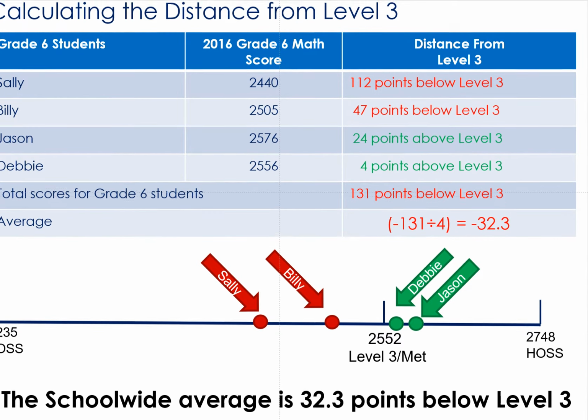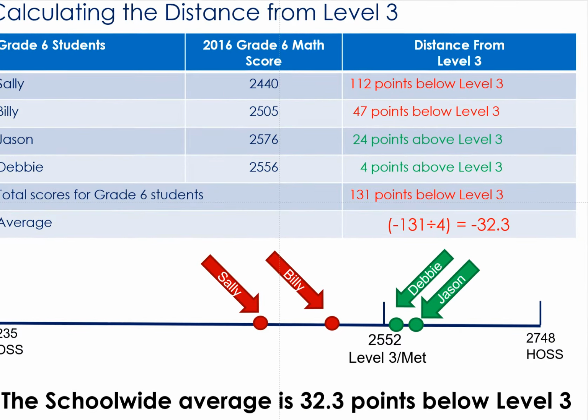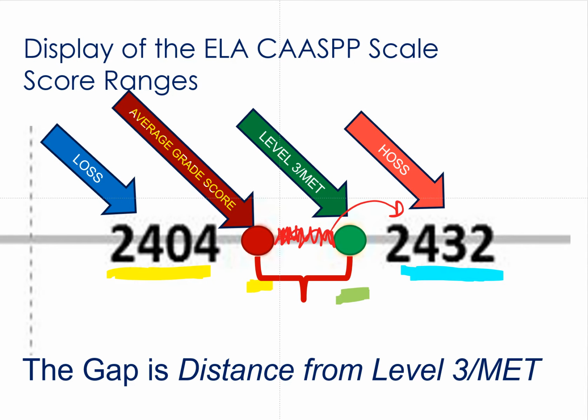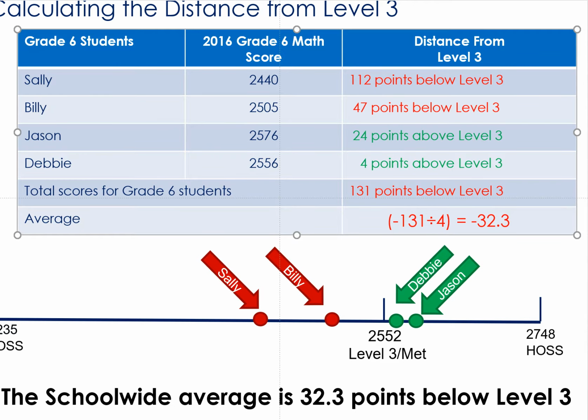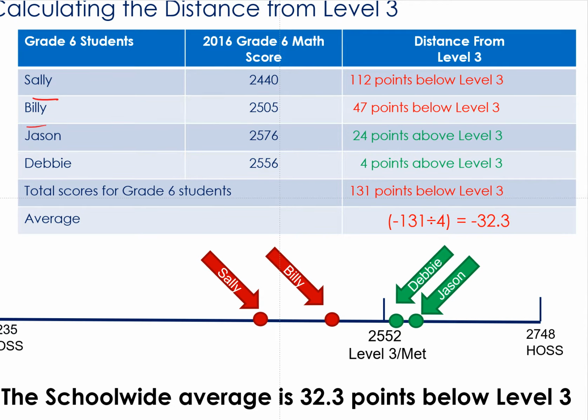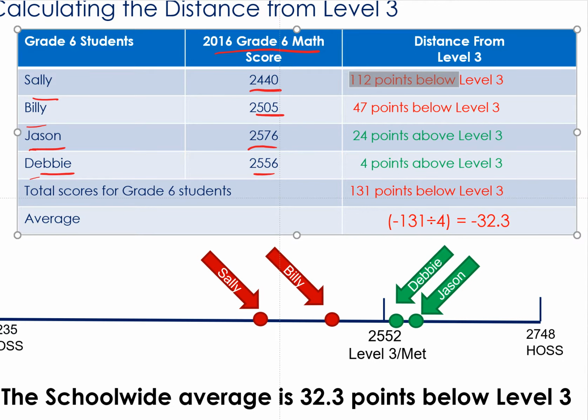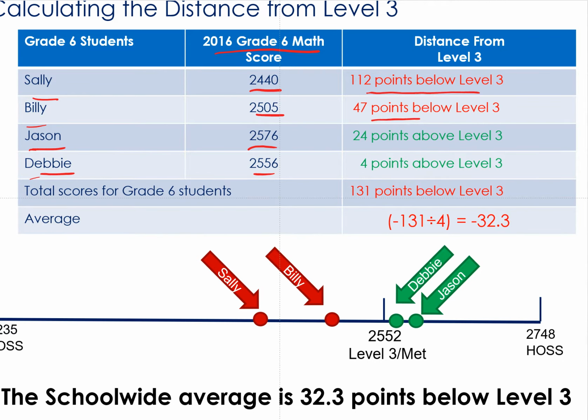So how's the level 3 score computed? Well, if we look at this particular slide, calculating the distance from level 3, we have student names on the left over here: Sally, Billy, Jason, and Debbie. This is the score that they received. They're 6th graders, and then their distance from level 3 is highlighted right here. That's their distance from level 3.